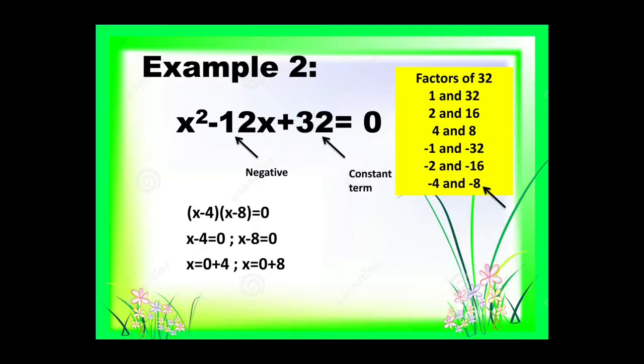Transpose negative 4 and negative 8 on the other side, so both of them will become positive. So x is equal to 0 plus 4, and the other one is x is equal to 0 plus 8. That will give us the result of 4 and 8. The roots of x squared minus 12x plus 32 is equal to 0 are 4 and positive 8.